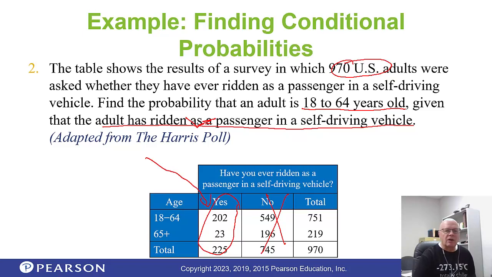Well, here we go. The probability of this event, I'm going to take the easy route, is we've got 202 possible 18 to 64-year-olds, 202, and we've got a total of 225. There's our probability.